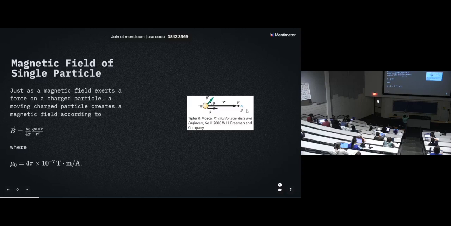I take V and cross it into that point to the left of V, and I get one that's coming out of the board. If you look in front of V, it's going to be to the right of the screen. And so you get these loops that are going into and out of the screen, going into the screen to the right of V, and coming out of the screen to the left of V.